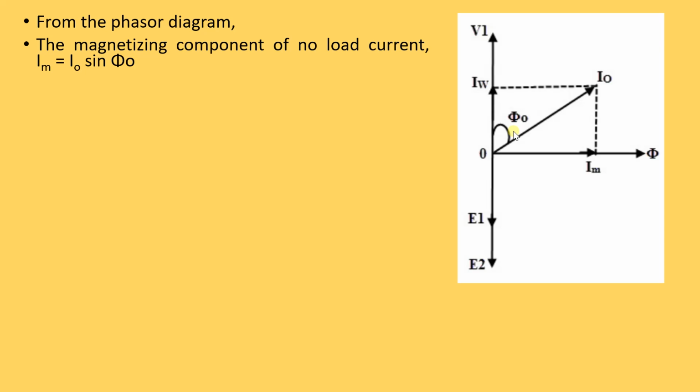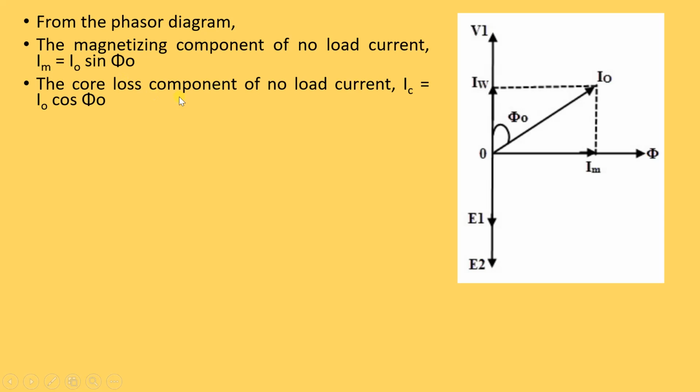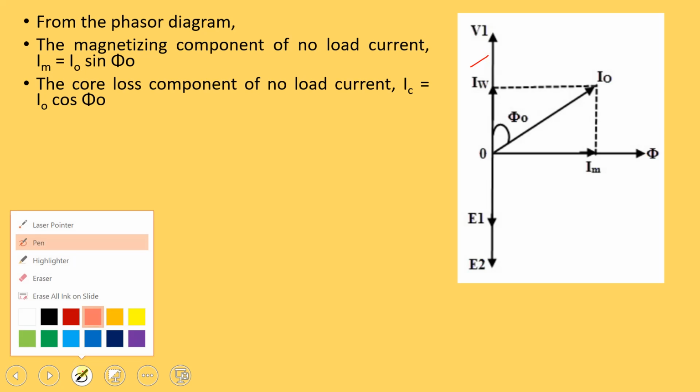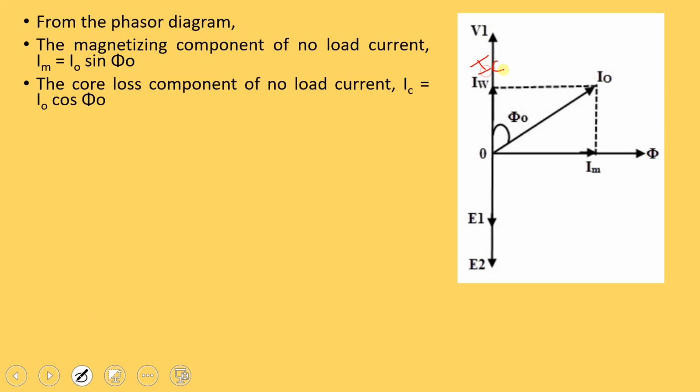From the phasor diagram, the magnetizing component of the no load current Im is written as I0 sin phi naught. The core loss component of the no load current, IC or IW, is also called IA.